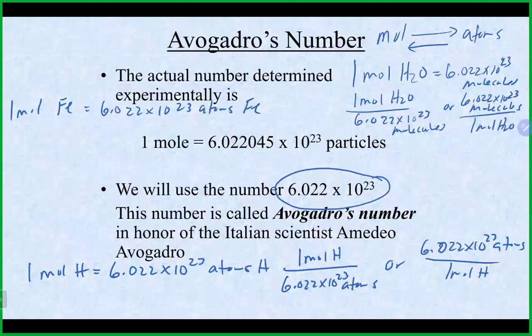Now, sometimes people go crazy with Avogadro's number because they're like, they make me know this number, I have to know this number, I should just use it in every calculation ever known to man. And you should not do that. You should only use Avogadro's number if you are given a number in atoms, molecules, particles, or something like that, or you're asked to solve for something in atoms, molecules, or particles.